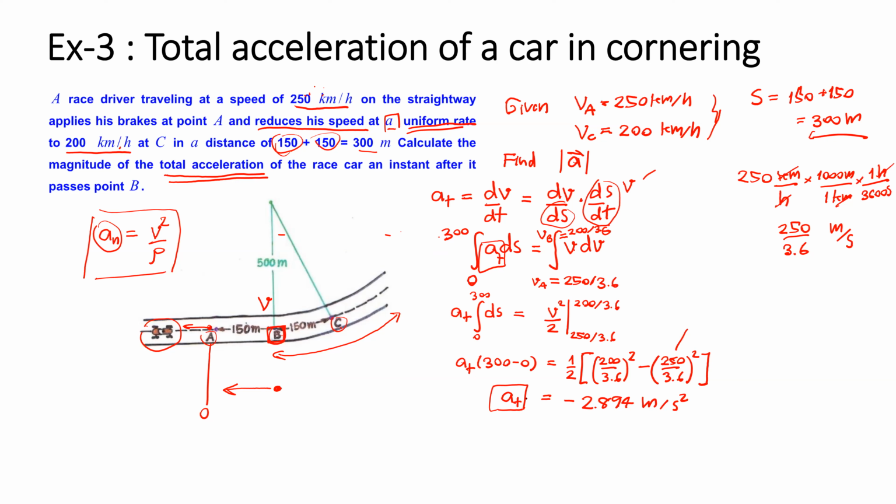So we can do the same integration also. Yeah, we need to do the integration again, but this time, the integration of the A tangential ds is equal to the integration of v dv.